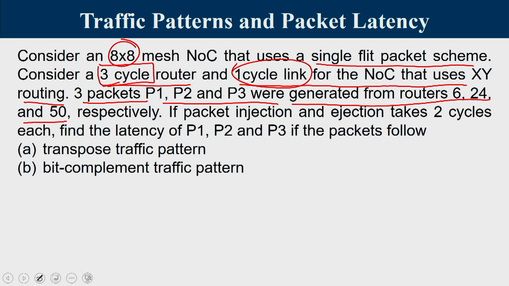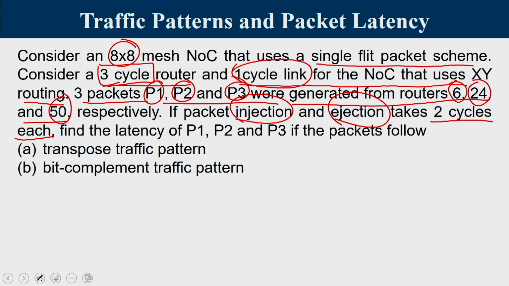Now, we are talking about 3 packets here, P1, P2 and P3, which are starting from 6, 24 and 50 respectively. If packet injection and ejection take 2 cycles each, the process by which a local tile creates a new packet and injects it into the local port is called injection, and the process by which a packet is removed from a router to the tile is known as ejection.